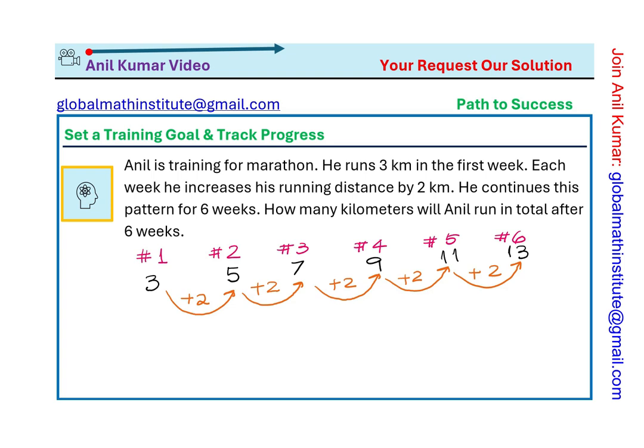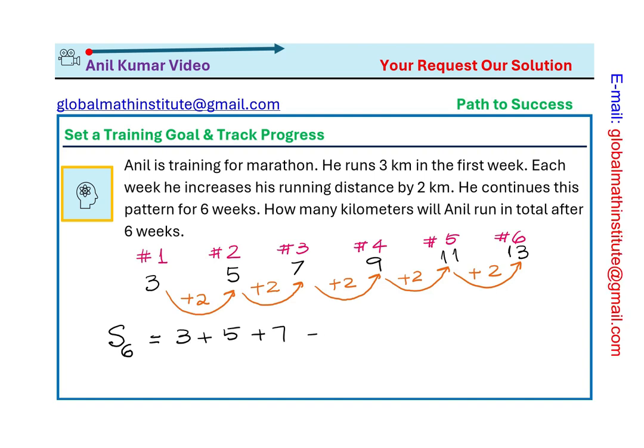In total means we have to add them up, right? So basically, we have to find the sum of distances for the 6 weeks. We have to add 3 plus 5 plus 7 plus 9 plus 11 plus 13.